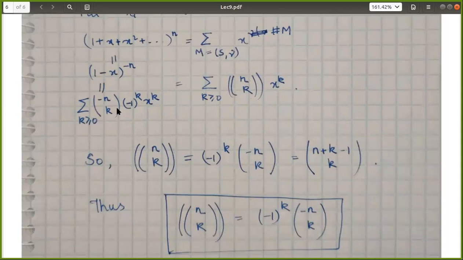So if they are equal, better this be equal to this. So you get this. And another way to see this is that this number is also equal to this number. Weirdly enough.